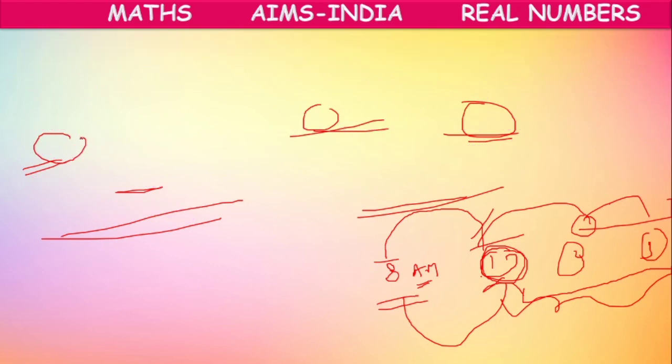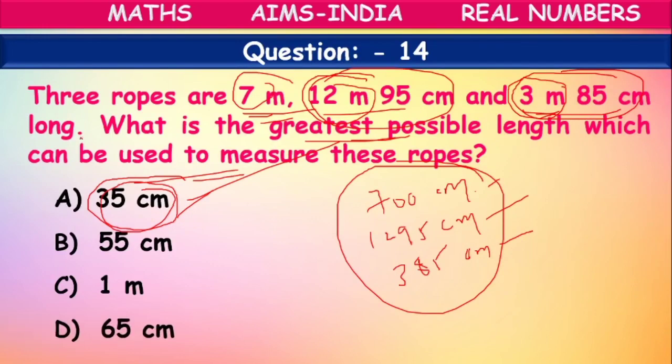But for the previous question, what they have asked, greatest possible length they have asked. Means with 1 centimeter also we can measure them exactly, with 5 centimeter also we can measure them exactly.